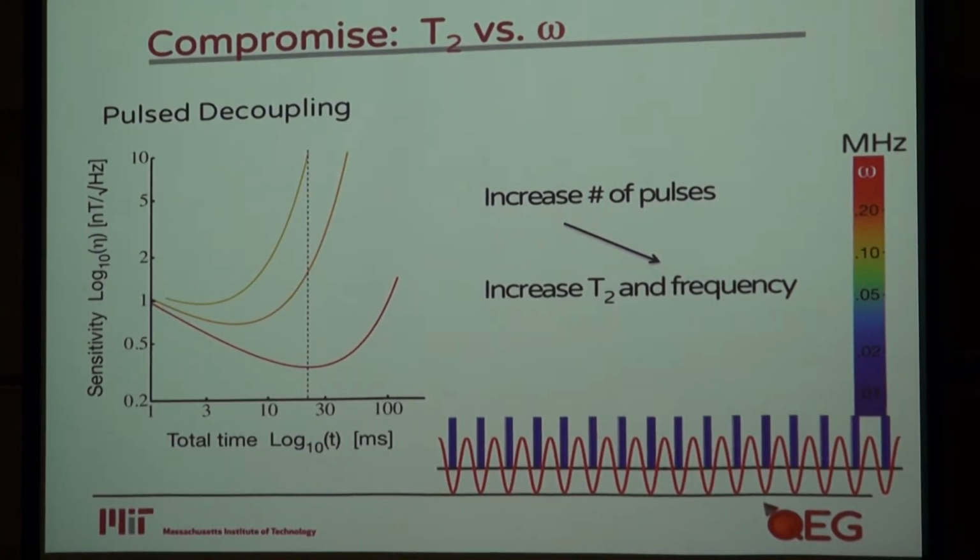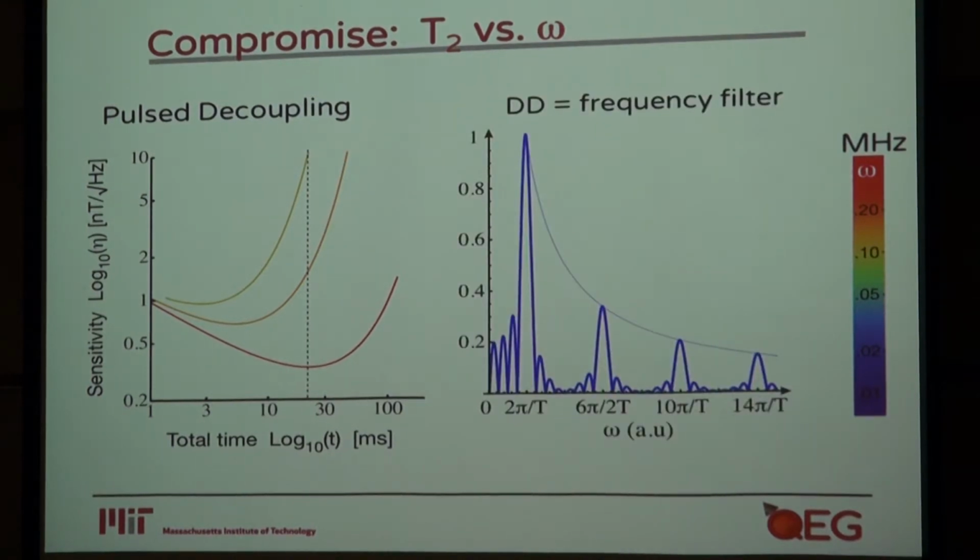So in general, you have a compromise not only between how much signal you get and the noise, but also between your coherence time and the frequency to which you're sensitive. What we're actually doing is creating a frequency filter by applying these pulse sequences, which will only pick up signals at a particular frequency with respect to the cycle time and the pulse distance that we are applying.